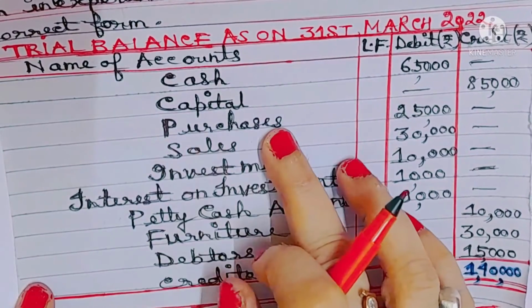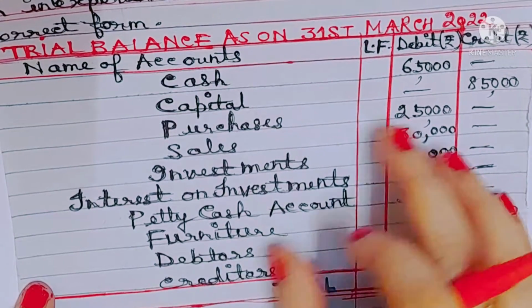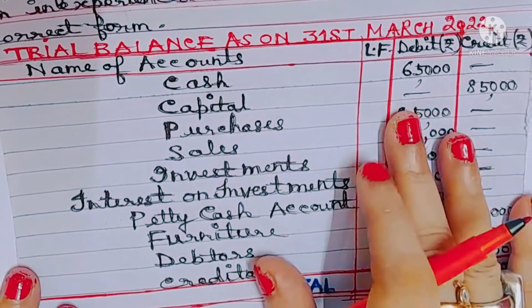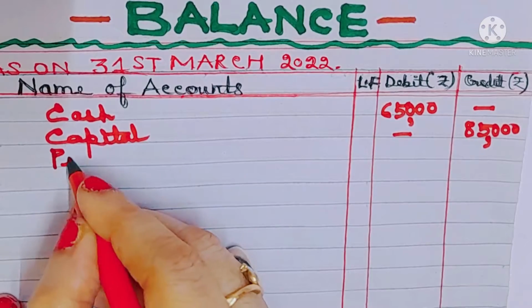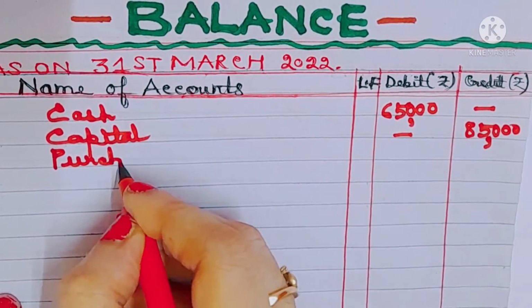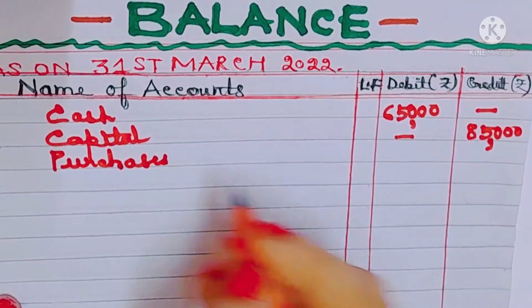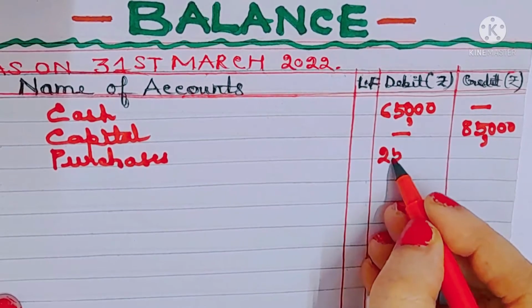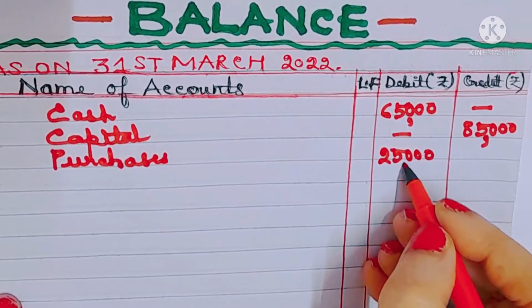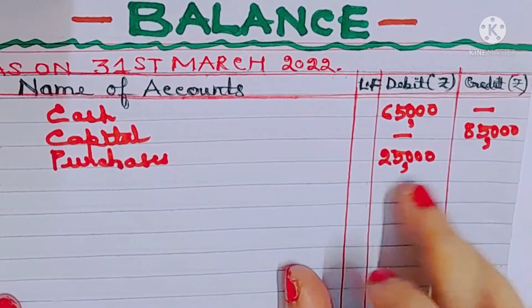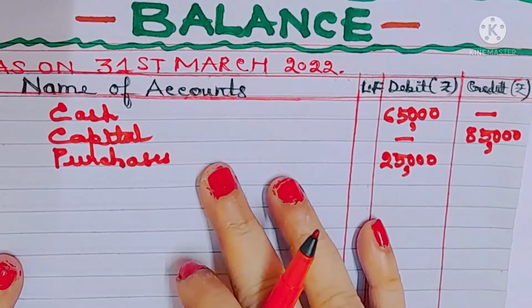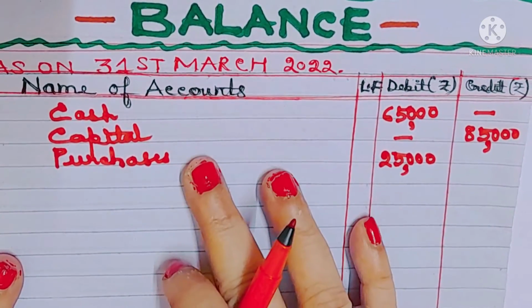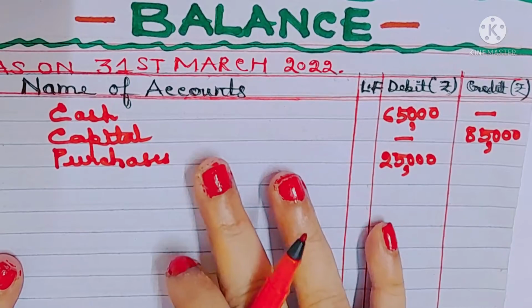Understood? Let's see the next account. The next account is purchases, 25,000. Again, this is correct. Let's write purchases 25,000. Purchases has a debit balance. That is the reason we're writing purchases in the debit column. But why is purchases debit? Because purchases comes under real account as well as nominal account.